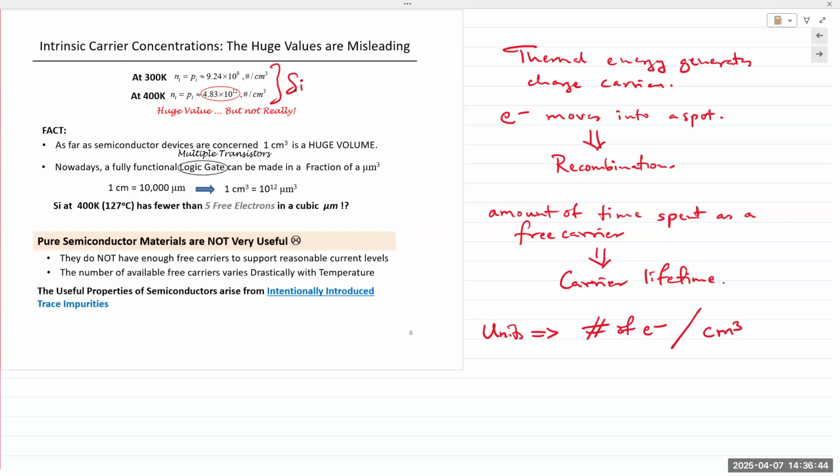It always is complex. I don't know how or why, but everything we deal with in integrated circuits is microns and nanometers, and these calculations, the equations, are always based on centimeter square or centimeter cube. So it seems like a huge number, but a centimeter is about 10 millimeters, and each millimeter is 1,000 microns, right?